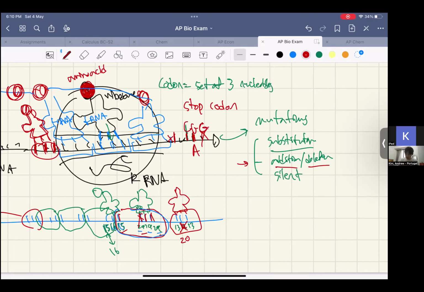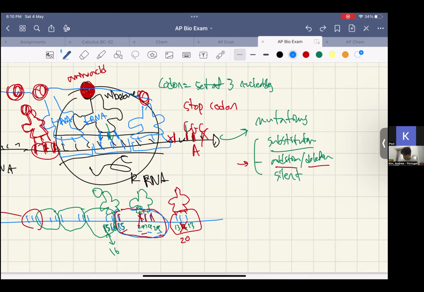But still, if you're lucky, if CGG and CGC code for the same amino acid, I'm not saying they do, then they will bring the same amino acid and no issue will be involved in making this protein, right? So that is the best, the lucky, fortunate case scenario, silent mutation, okay?